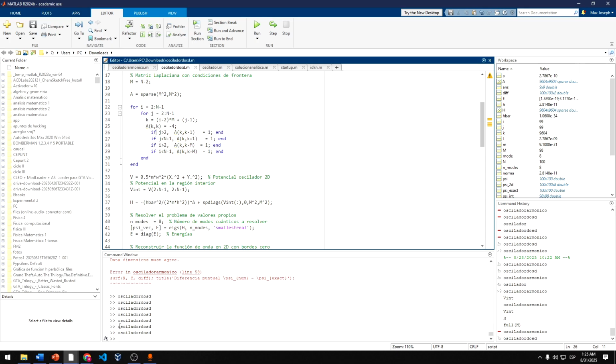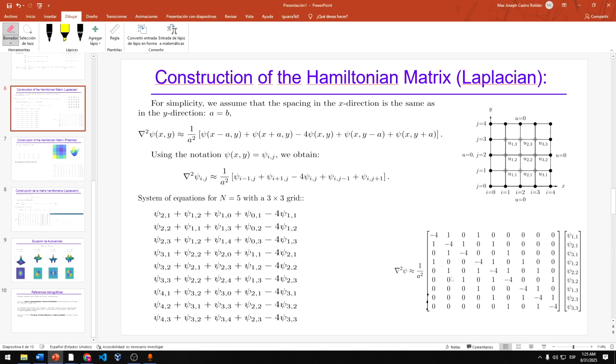Pues partamos primero del hecho de cómo construimos la matriz esta, la matriz del operador nabla. Entonces podemos querer tener subíndices para agregar de manera diagonal estos 4. ¿Y cómo lo vamos a hacer? Pues definiendo una variable llamada k.